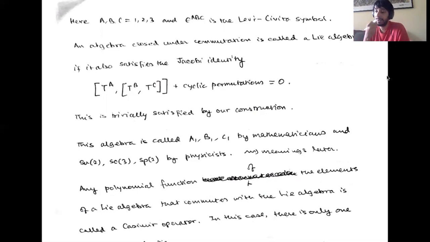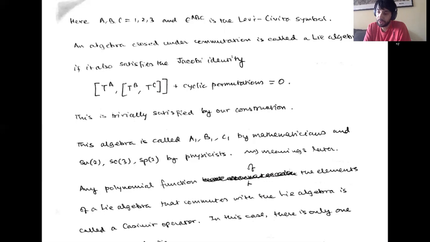An algebra is called a Lie algebra if it also satisfies the Jacobi identity. That essentially is [T_A, [T_B, T_C]] and its cyclic permutations have to add up to 0. In our case, it's trivial to show that this is the case.